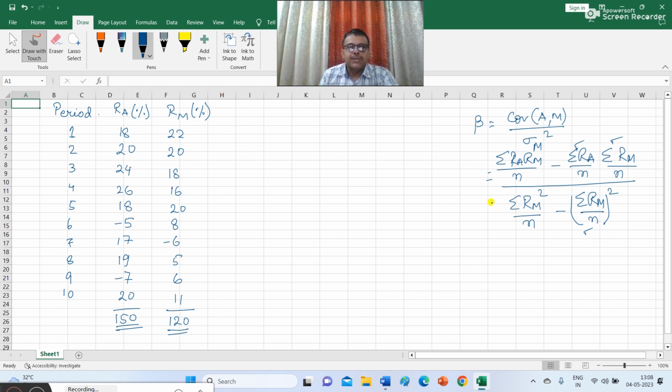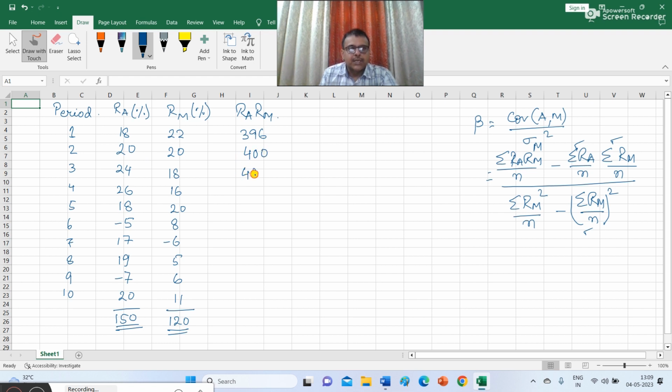Now two more parameters we have to calculate, that is RM square and RA into RM. So in the next column, I am writing RA into RM, the multiplication of RA and RM. So 18 multiplied by 22 is 396. Then 400.